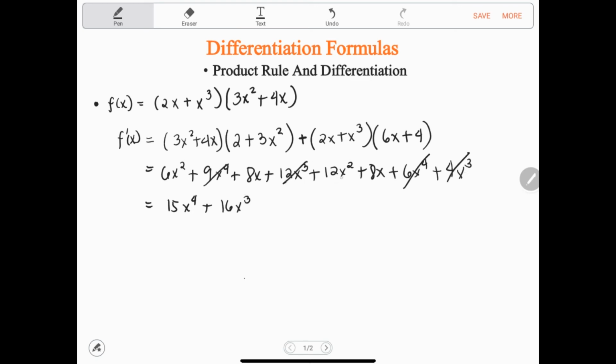Next, 12x squared and 6x squared is equal to 18x squared. Lastly, 8x and 8x is equal to 16x. So that's our derivative.